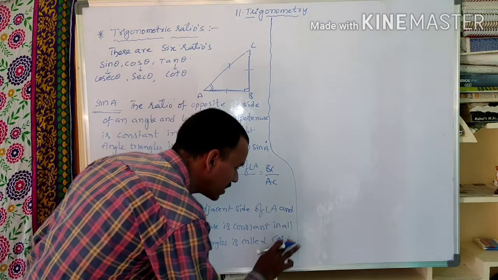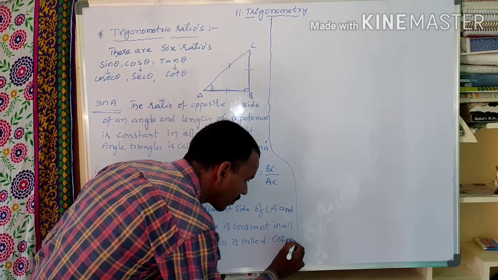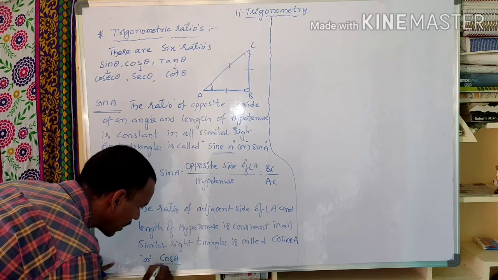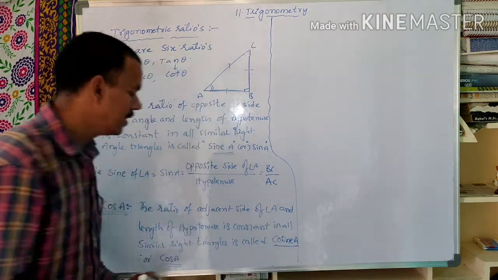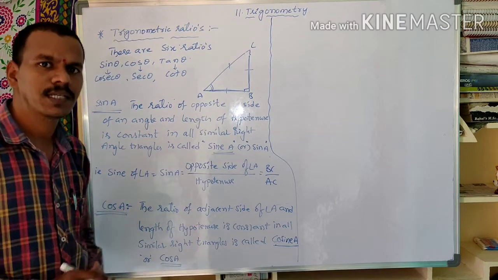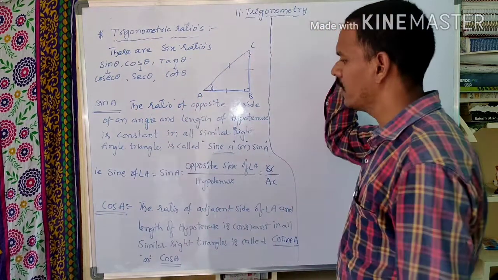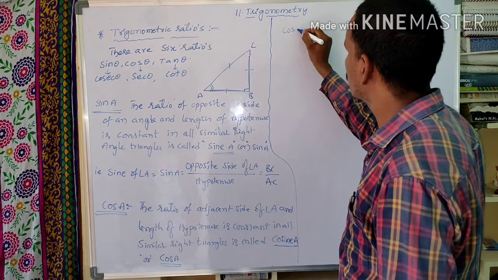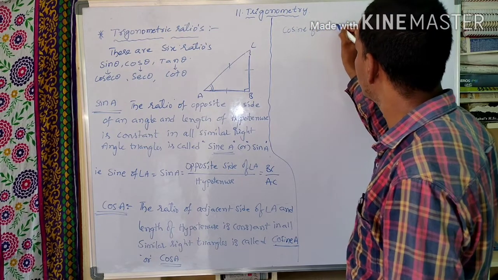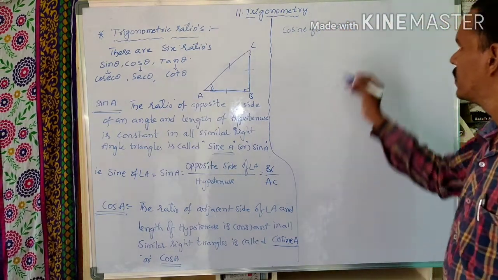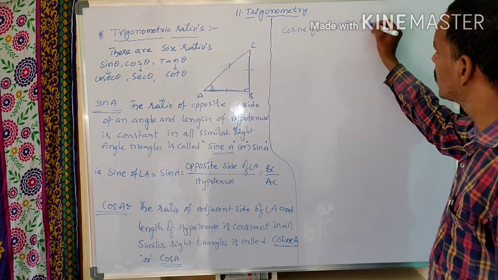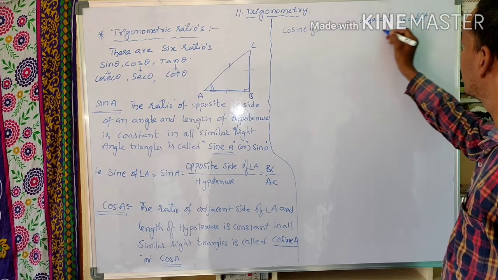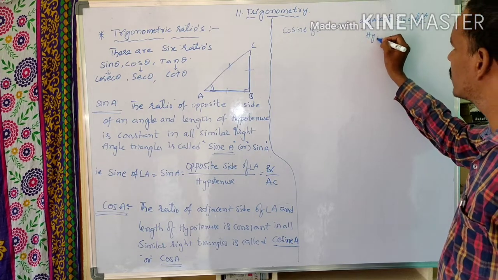But actually cos A is nothing but cosine A. What is the actual name of cos? Cosine A. That can be simply written as cos A. So that means cosine of angle A is equal to the adjacent side of angle A by the hypotenuse.